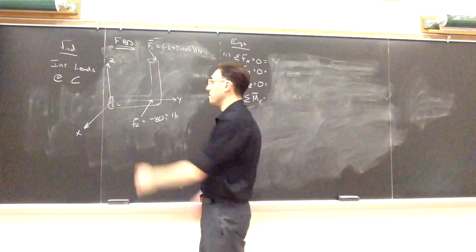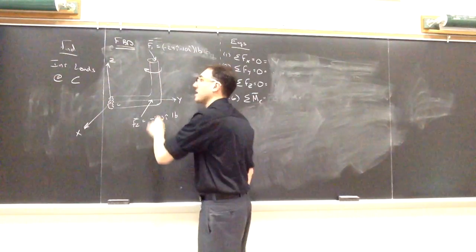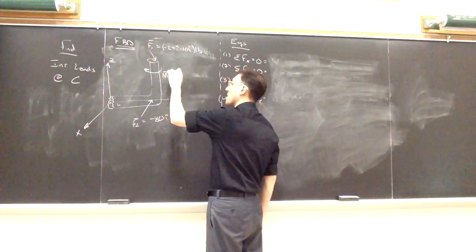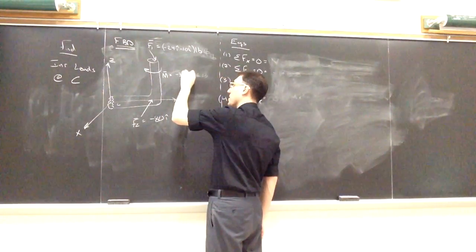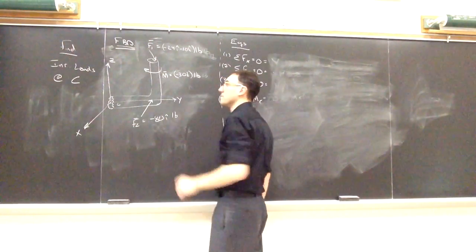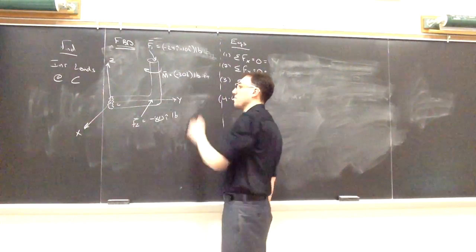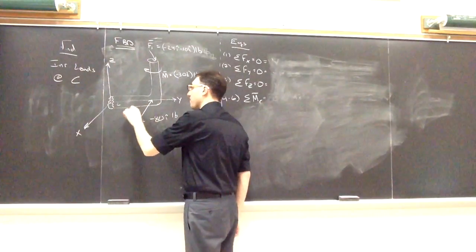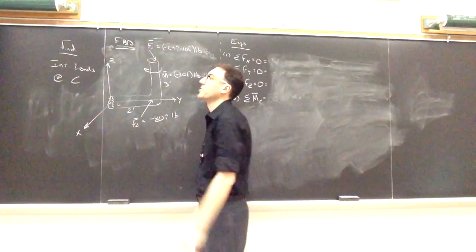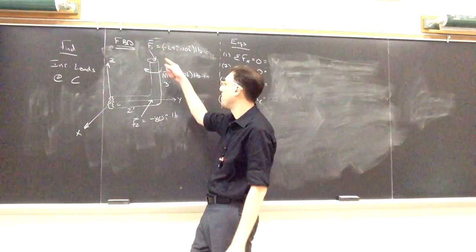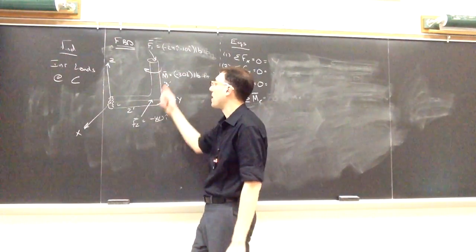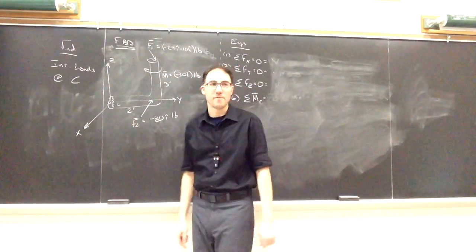And I have this applied moment around the negative z axis as well. That's negative 30 k pound-feet. From C to the elbow is 2 feet, and from the elbow to where F1 is applied at point B is 3 feet. Or I could put the coordinates of where these are acting, just like we saw before in chapter 5.